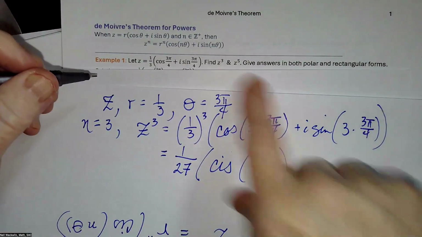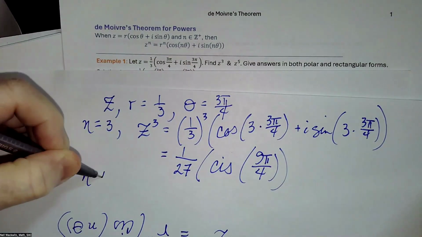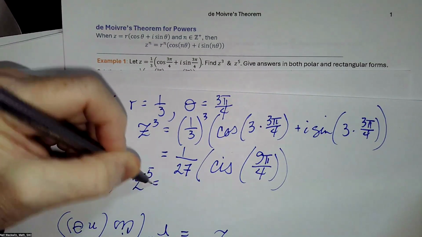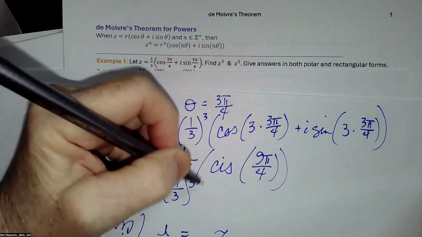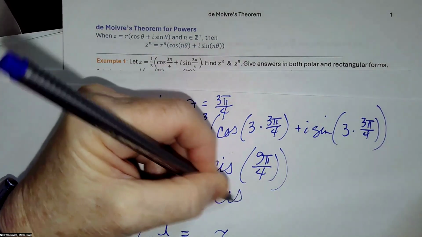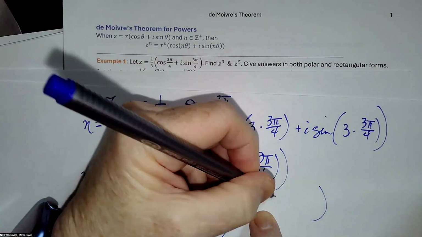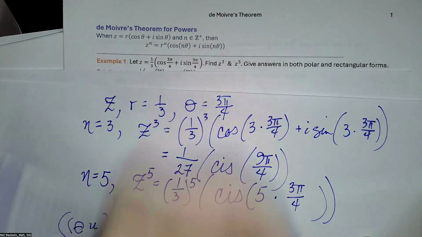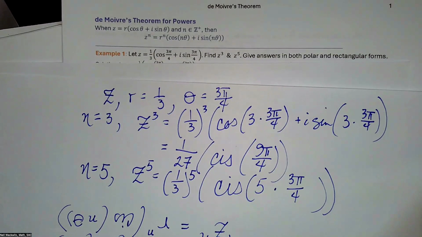Let's find z to the fifth. So this time we have 1/3 to the fifth power, cis 5 times 3 pi over 4. Well, 5 times 3 is 15.